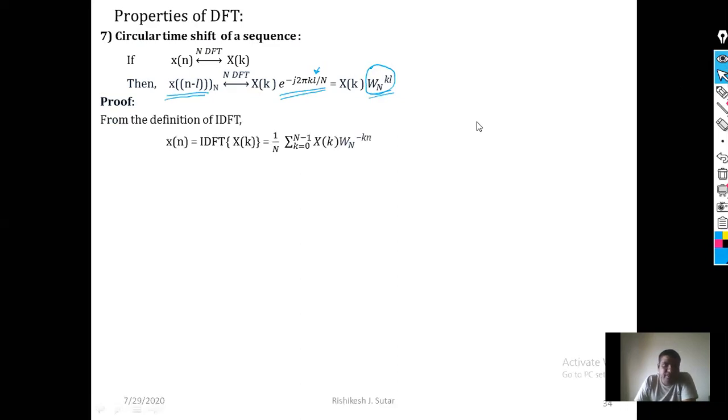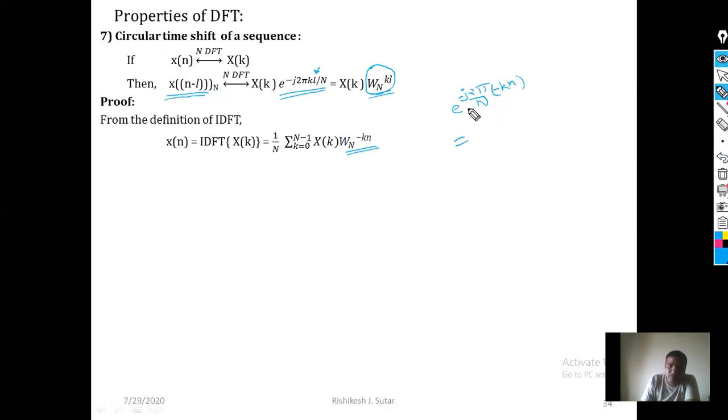So from the definition of IDFT, we know the definition of IDFT in terms of the twiddle factor. You can write that x of n is equal to IDFT of X of k. That is 1 upon N, k runs from 0 to N minus 1, X of k. In terms of twiddle factor, you can write e raised to minus j 2 pi by capital N, sorry it is minus kn.